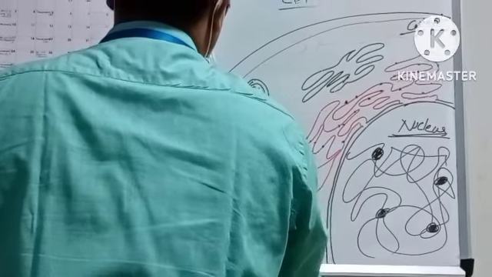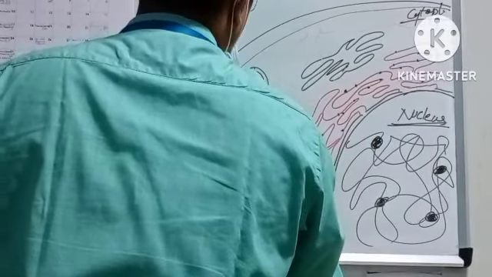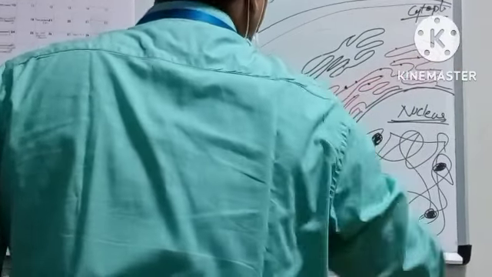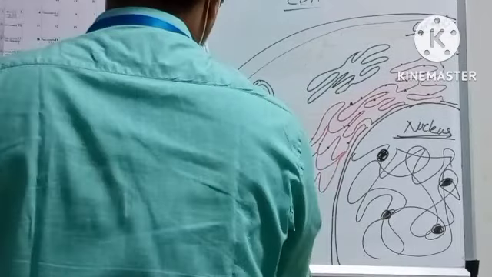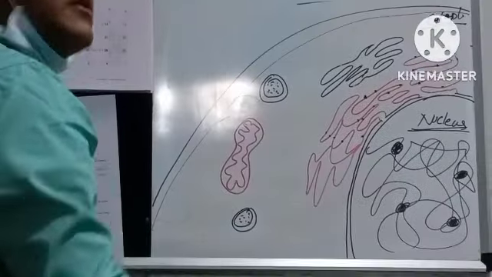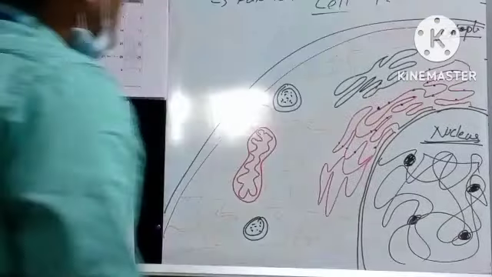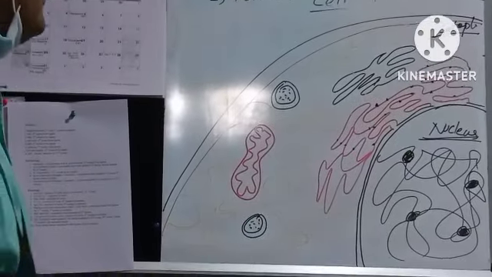How is the cytoplasm, by the way? What is the medium of the cytoplasm? How is it? Solid, liquid, gaseous, semi-solid? Semi-solid. Sure. You want to do so many reactions and movements in a semi-solid way.